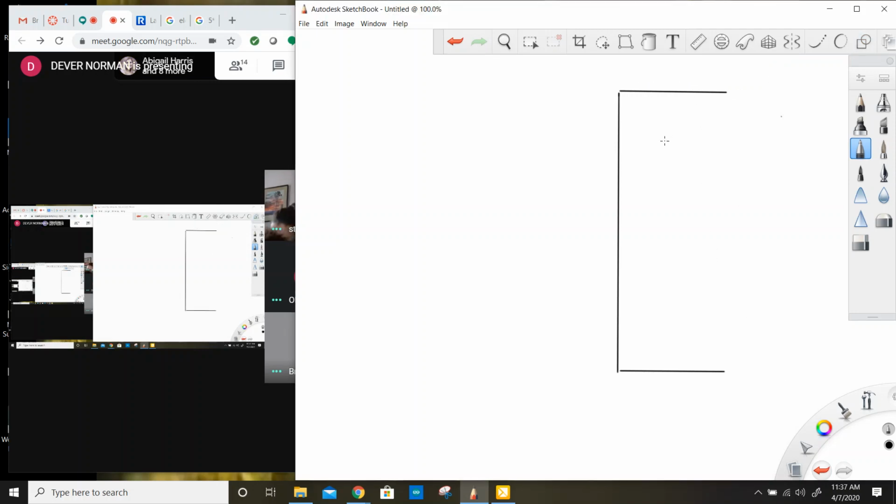I just want you to know which side is air and which side is glass. Then I come in at some angle like this. So that's the direction of my ray.